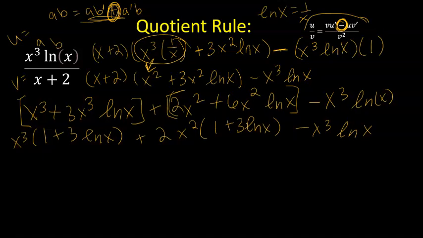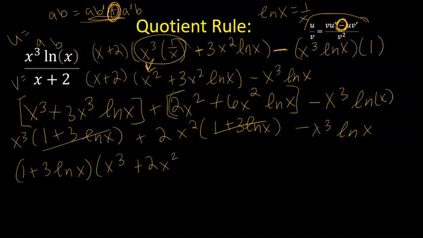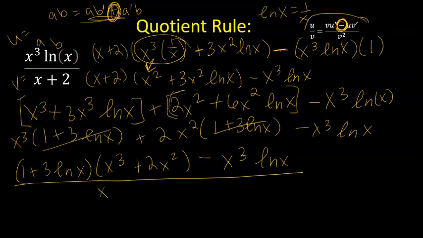And then I think I can put together this repeating pattern here, and then put these together, plus 2x squared minus x to the third ln x, all over x to the second right here.